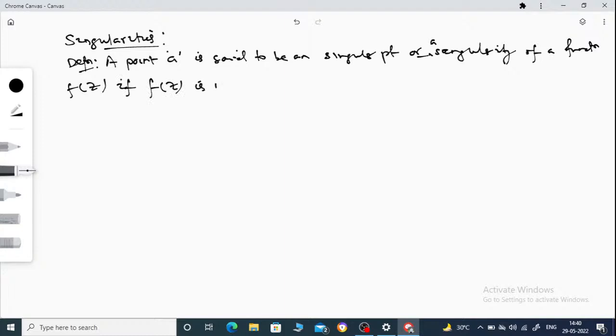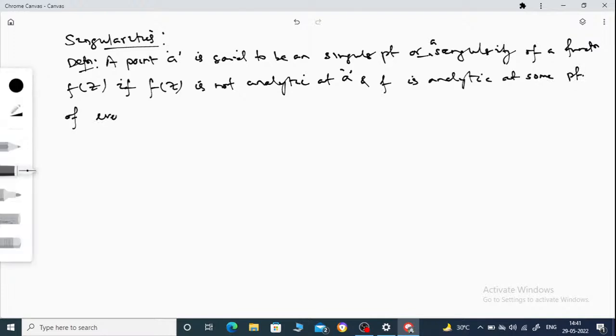This is the first condition: f of z should not be analytic at A, and f is analytic at some point of every open disk, |z minus a| less than r.